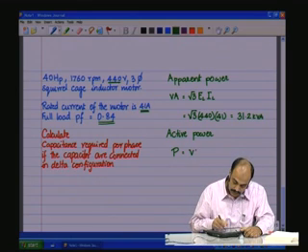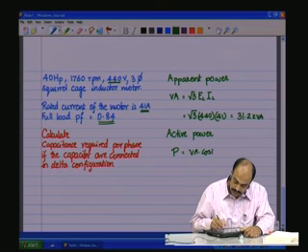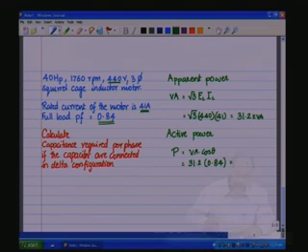So P is equal to VA into cos of theta, which is equal to 31.2 into 0.84, and that amounts to 26.2 kilowatts.